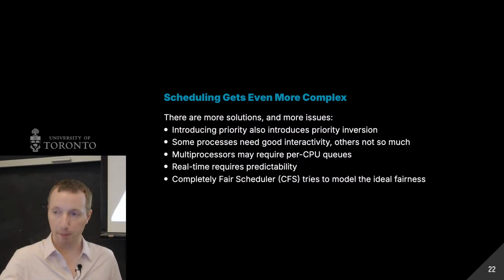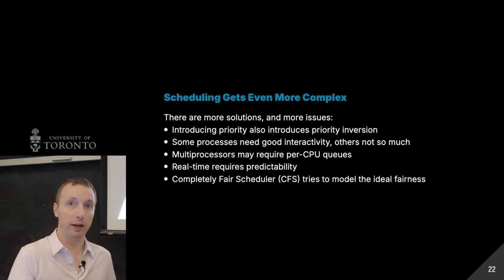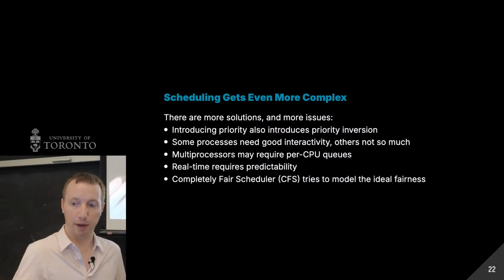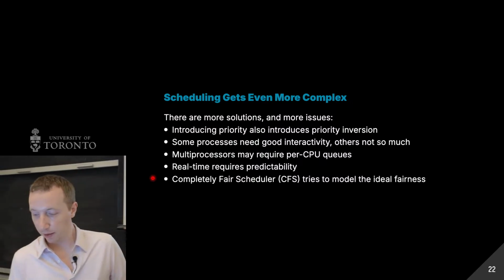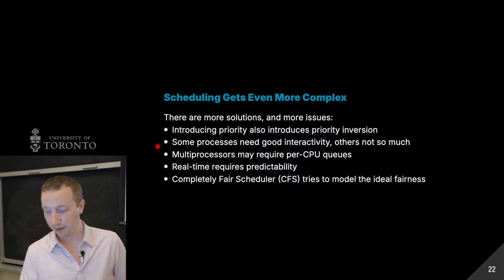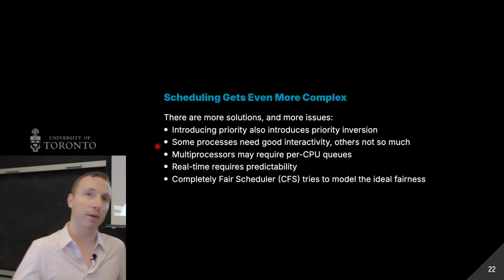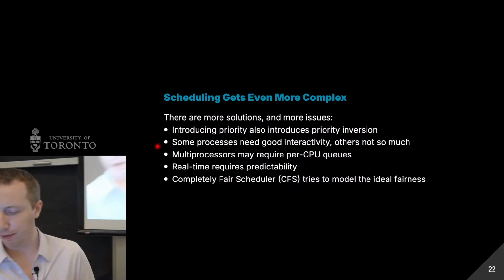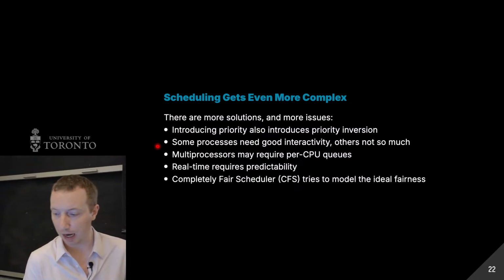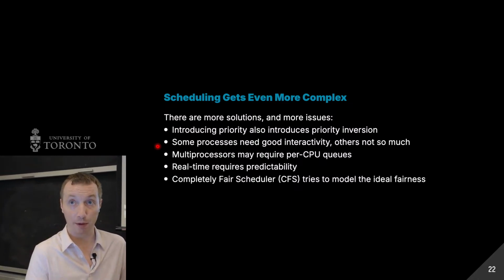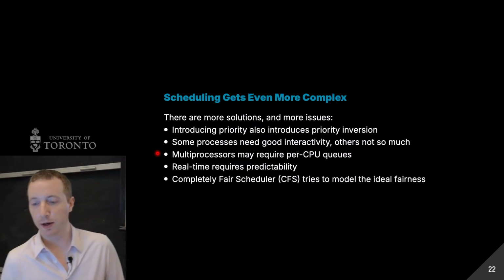If there's a dependency, we inherit the priority of the highest dependency process. Then we said some processes, maybe a good division is that some need good interactivity, others not so much, so maybe we schedule them differently. That happened back in the day, it doesn't happen anymore because systems are much more complicated now.